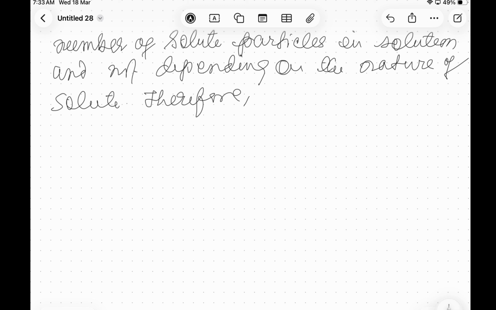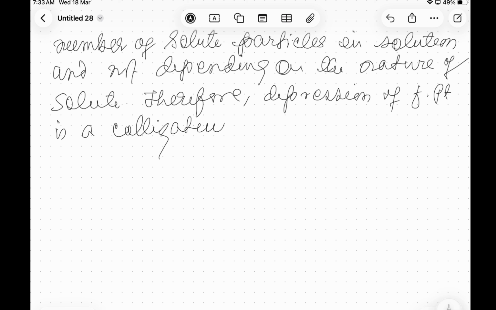Therefore, depression of freezing point is a colligative property.